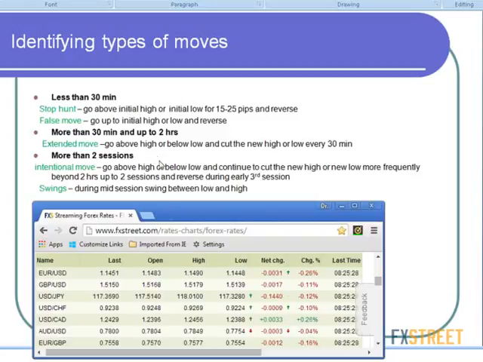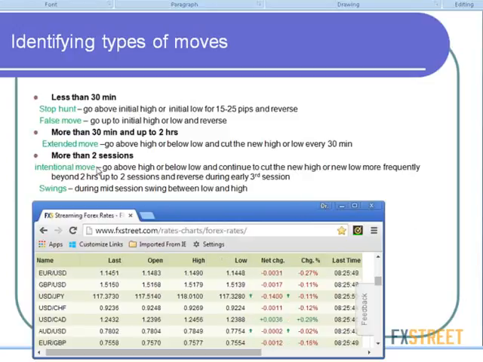If you fail to identify the type of moves, then you might get stuck. During a stop, you might think that it is a breakout trade, so you take a buy position above the initial high, and later on they just drop the market. So you have to find out whether it has contra trade potential or not.